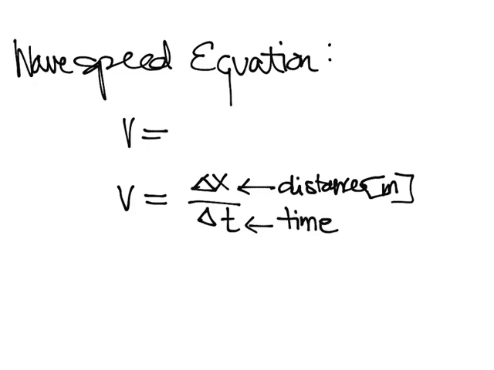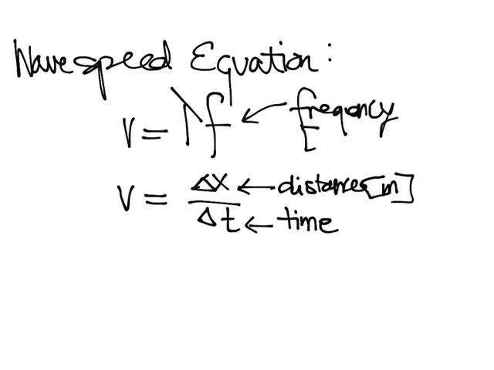But the other thing we can do to calculate wave speed is by multiplying our wavelength times the frequency. Remember, frequency is in hertz and wavelength is in meters.